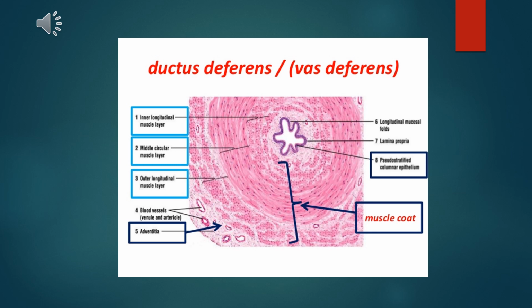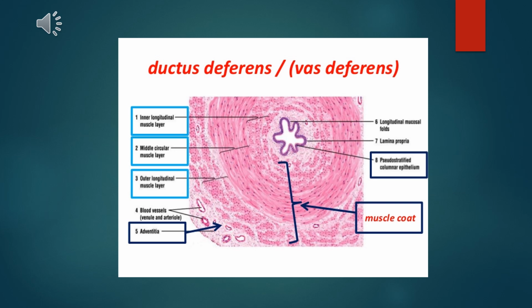In a nutshell, regarding the microscopic structure of the vas deferens, the mucosa is thrown into folds, so the lumen appears star-shaped, and the mucosa consists of epithelium and lamina propria. In the proximal part, it is lined by simple columnar epithelium. In the distal part, it is lined by pseudo-stratified ciliated epithelium.